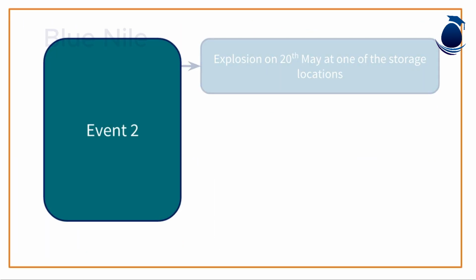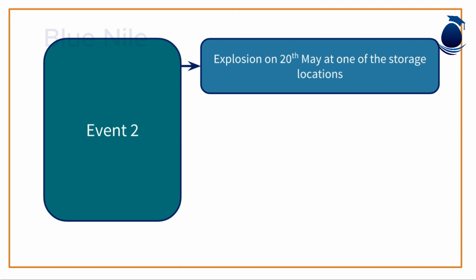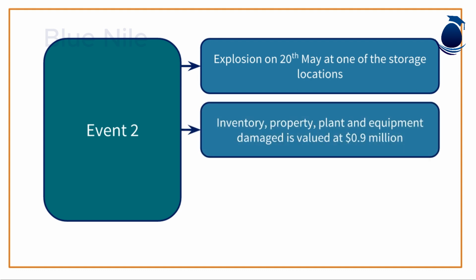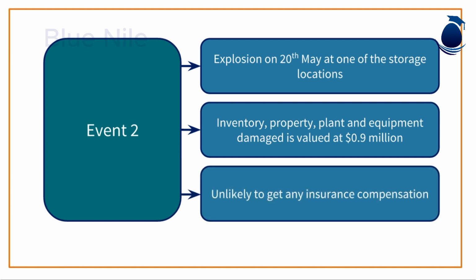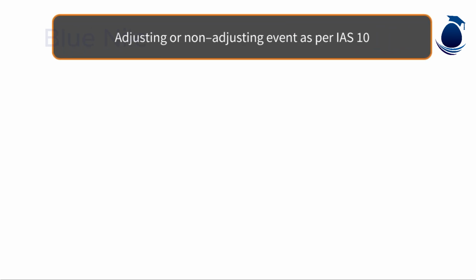Let's move on to event 2. This event is an explosion that happened on the 20th of May, at one of the storage locations. Inventory and property, plant and equipment was damaged, valued at 0.9 million, and it is unlikely they will get any insurance compensation. As with event 1, we need to firstly consider whether this is an adjusting or non-adjusting event as per IAS 10.